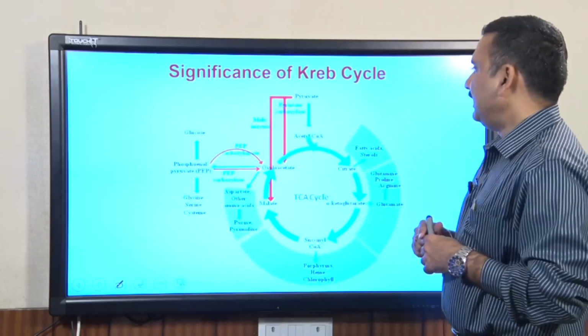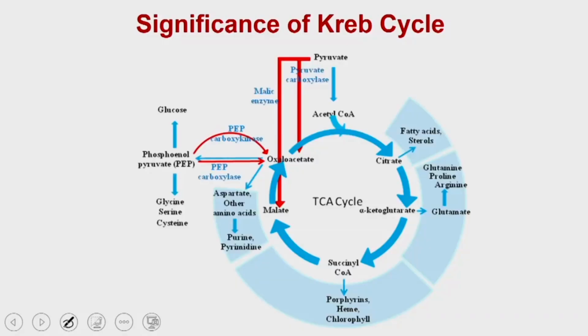As you can see, the Krebs cycle receives the pyruvate from glycolysis, and the pyruvate is converted into acetyl CoA, and this acetyl CoA enters into the Krebs cycle and is processed with the help of several intermediates, producing the reducing equivalents as well as free energy in the form of GTP.